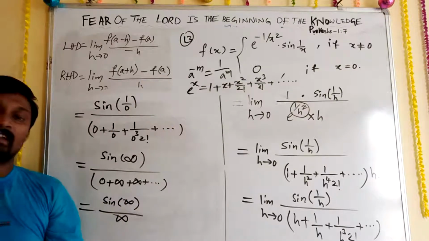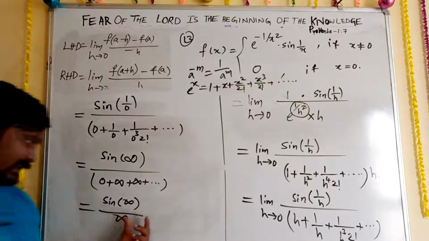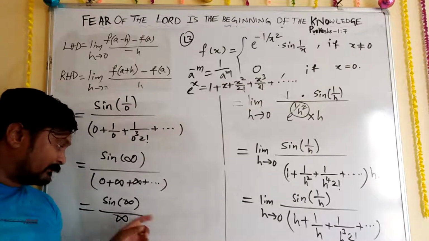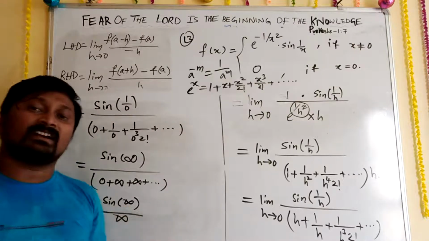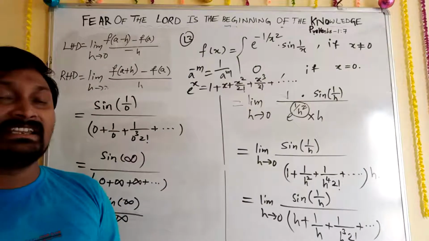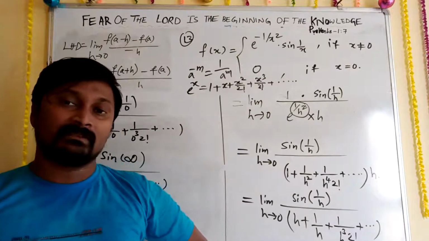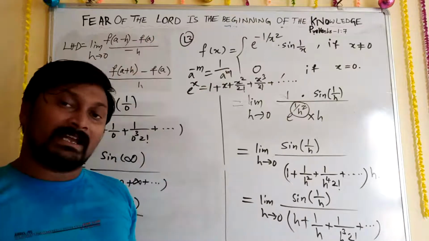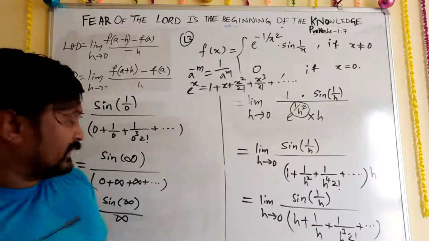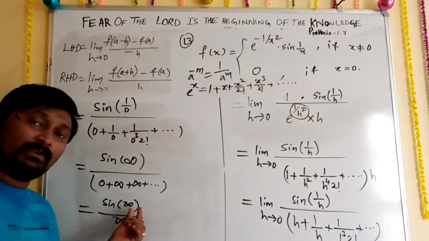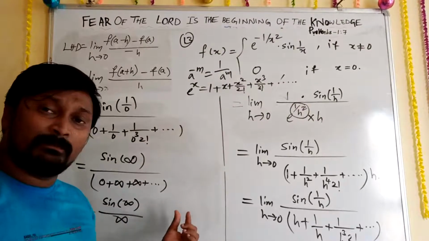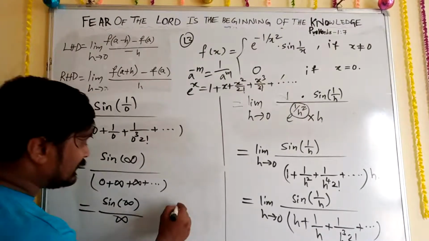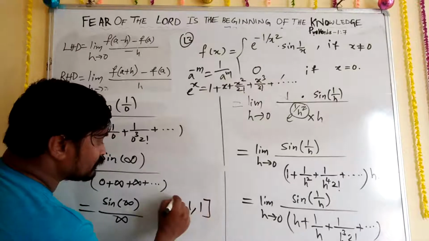And listen to this carefully, everyone. See here it is sine infinite upon infinite. Sine infinite is not at all possible. It is an incorrect mathematical expression. But what is according to definition? All the domain needs to be considered. So we know that for this infinite value, the sine value should be in between -1 and 1.